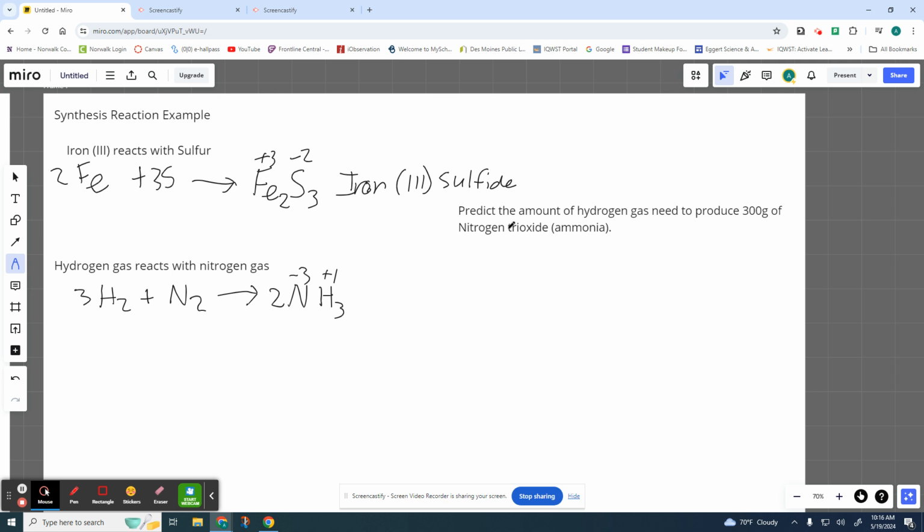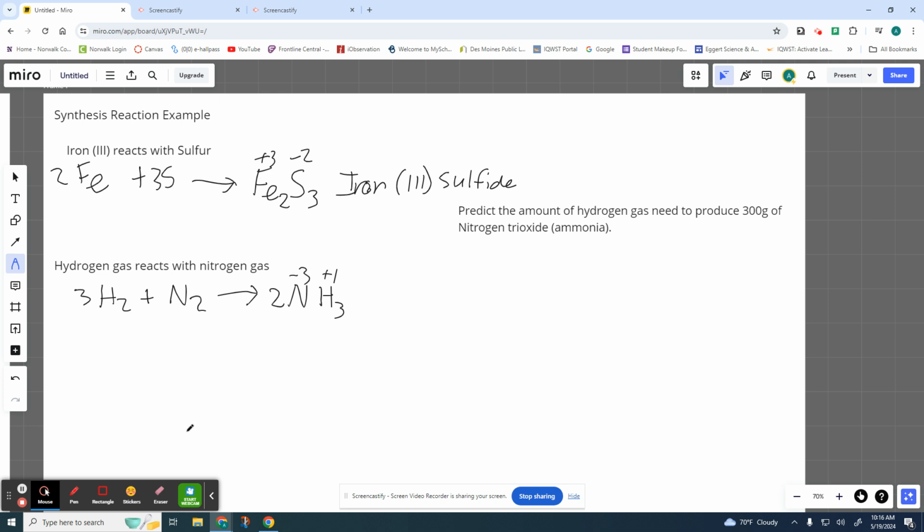My statement on the right side of the screen says predict the amount of hydrogen gas needed to produce 300 grams of nitrogen trioxide. Or ammonia, which is the way I was writing it versus the other versions you might see online.